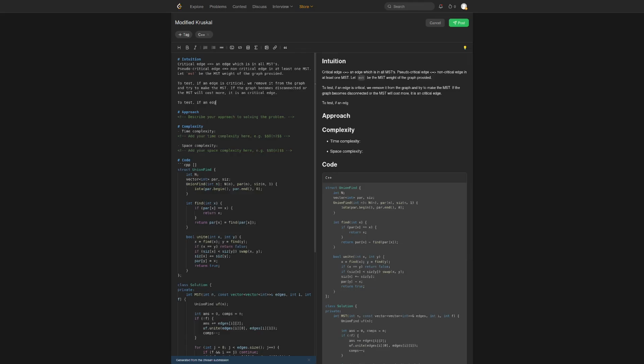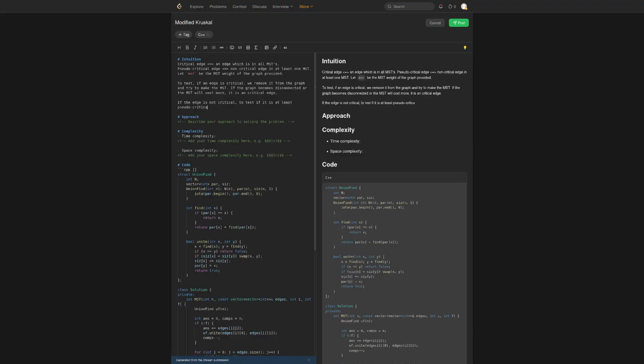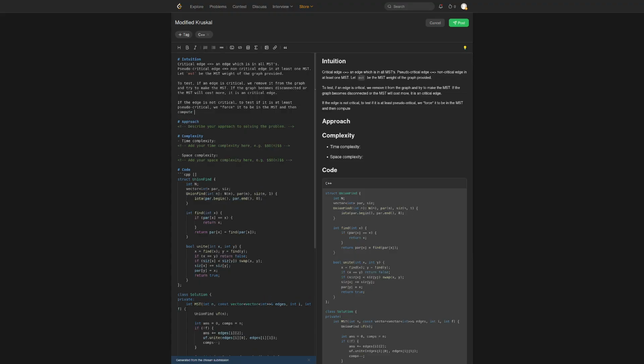To test if the edge is not critical, to test if it is at least pseudo-critical, we force it to be in the MST and then compute the MST of the graph given that the edge is already picked.